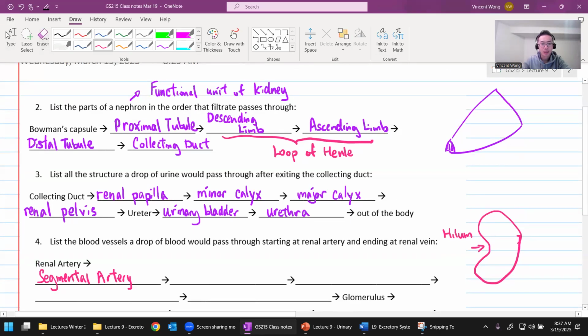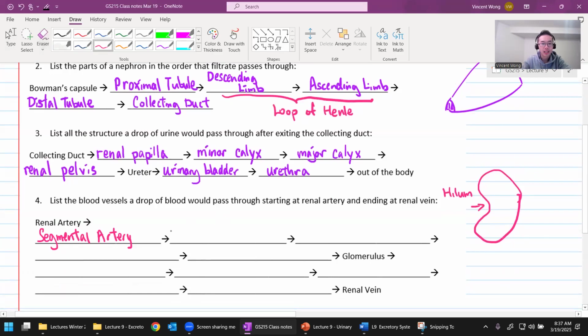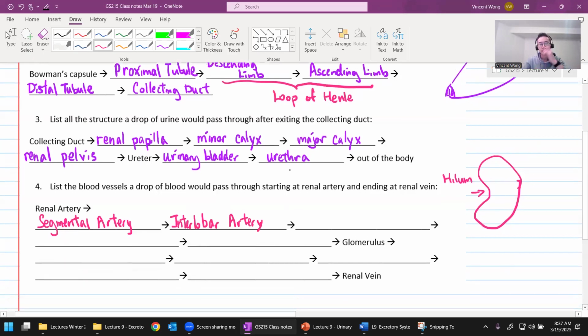The vessels that are going up the sides are called the interlobar artery. And at the outer edge, again, think of a slice of pizza, the crust, that's where you will find the arcuate artery.